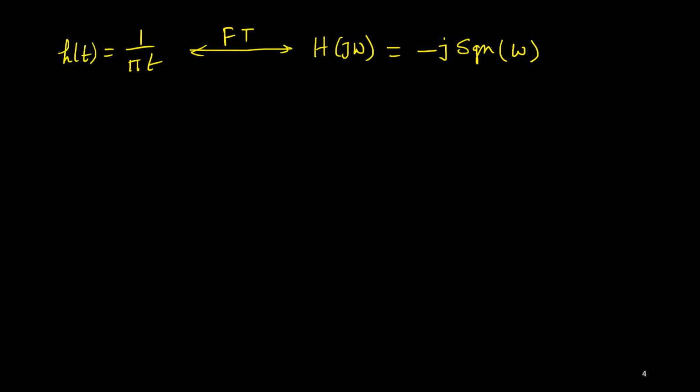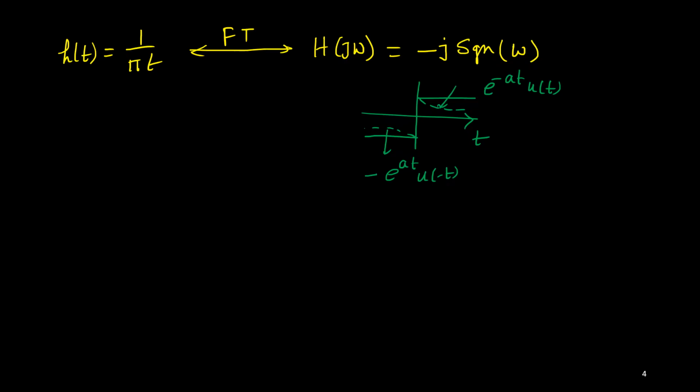Now that is very easy to prove. Again, quickly we can show this one using the duality property. We can understand that if the signal is signum t in the time domain, we can get that from exponentially decaying signals: this one is e to the power minus at u(t), and this one is minus e to the power plus at u of minus t.